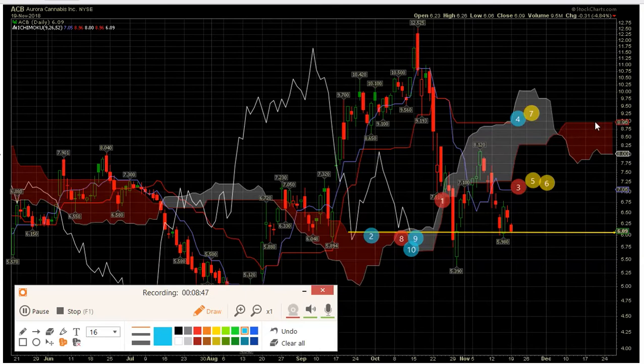And this future Kumo cloud is going to be strong resistance because it is the Senkou span B. So the future cloud here is negative, and there is a very strong probability that it's going to find very strong resistance here and roll back over. All right, but there is some space here to move. I am not going to say buy it here.